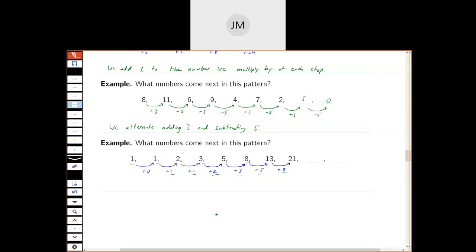If I look at the number I have to add each time, it's just an earlier number in the sequence, right? The sequence itself tells me what I need to add next.